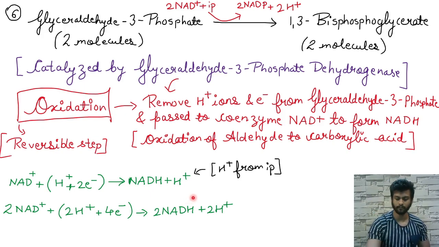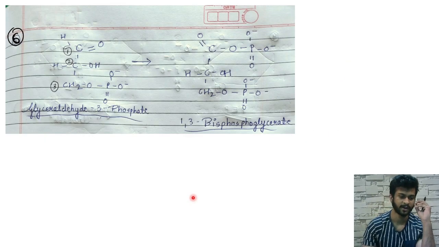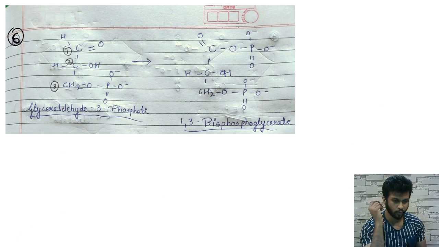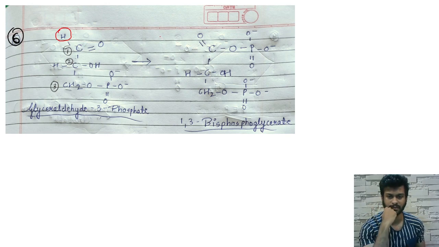Okay, glyceraldehyde 3-phosphate. There is removal of hydrogen atom, which means oxidation is taking place, and addition of phosphate group at first position.